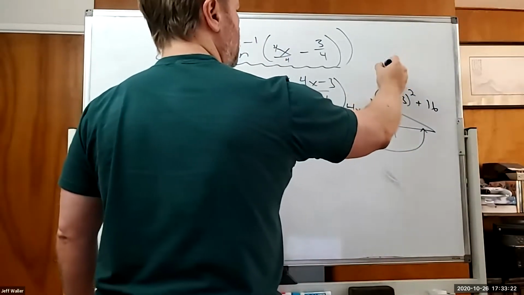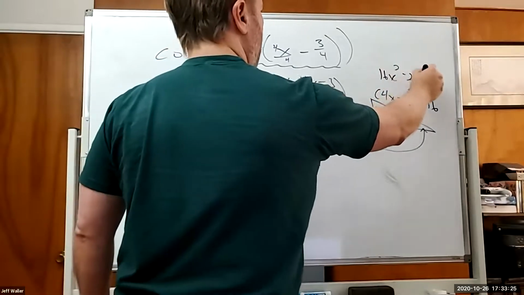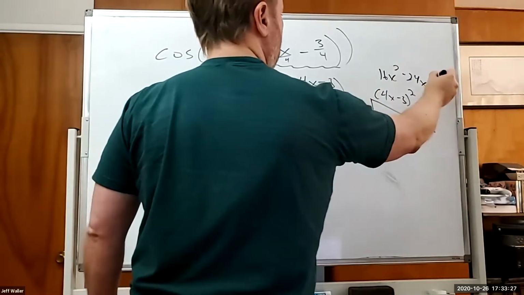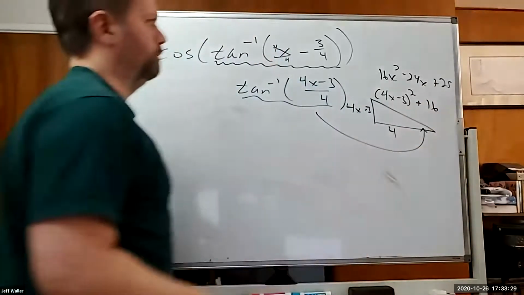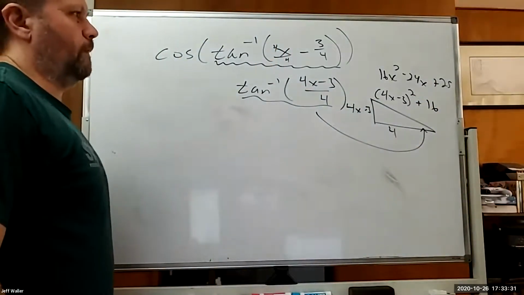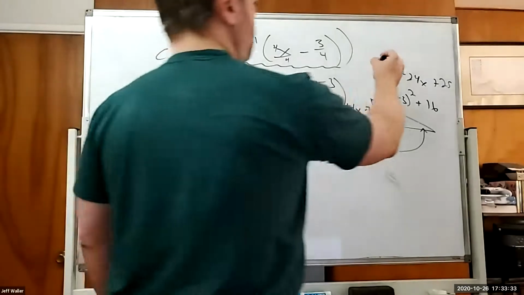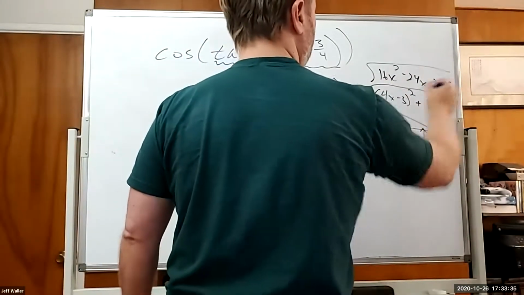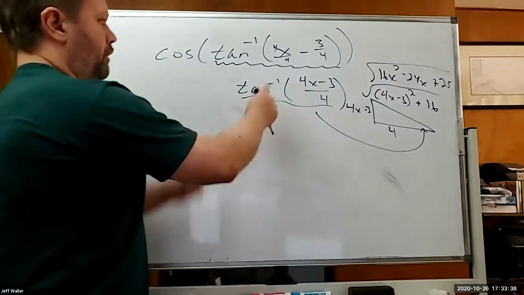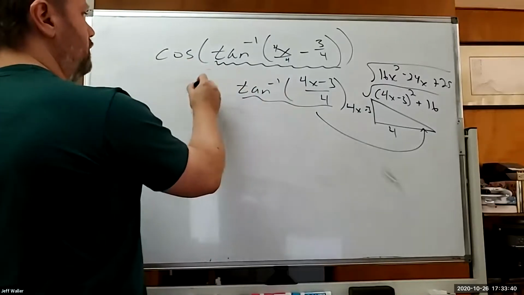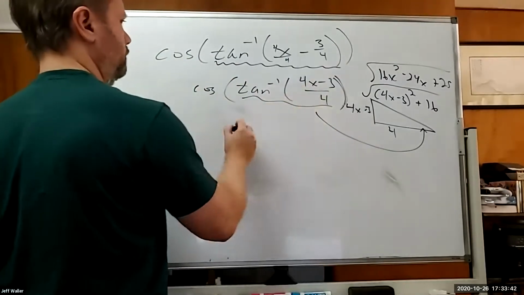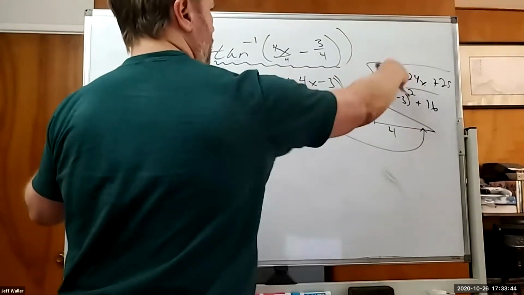That's 16x squared minus 24x plus 9 plus 16, which is 16x squared minus 24x plus 25. That's neat. Square root. And now I can make the cosine of that. It would be 4 over this mess.